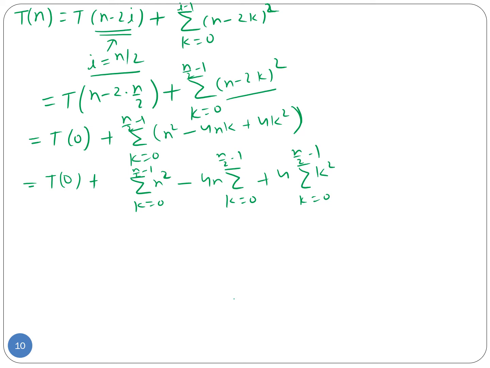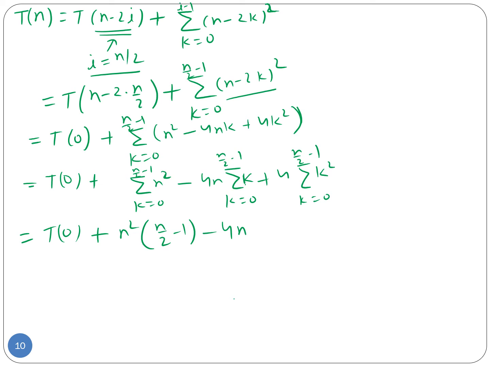All right, so let's see what each of these terms actually means. The T(0) term is obviously a constant, so we don't need to worry about this. This second term is simply n square multiplied by n by 2 minus 1. And this is going to be 4n, actually I think I missed the k here. Yes, so this is going to be 4n, and then you are summing k from 0 to n by 2 minus 1.